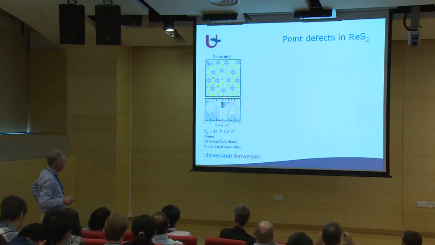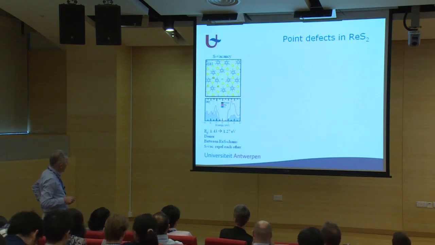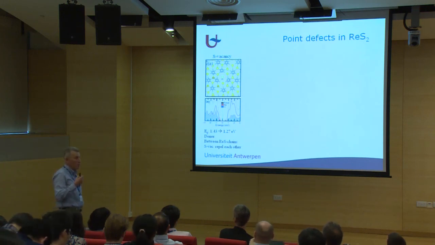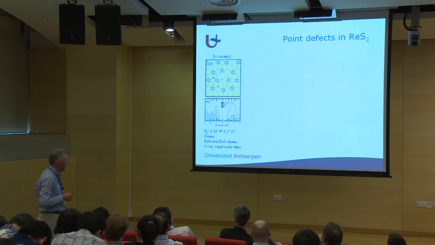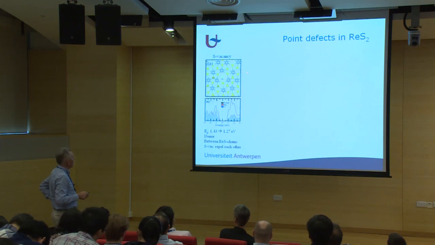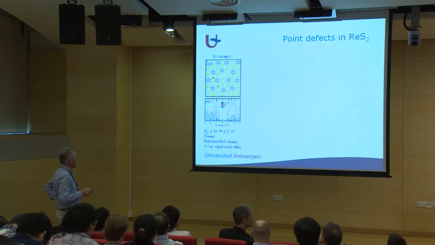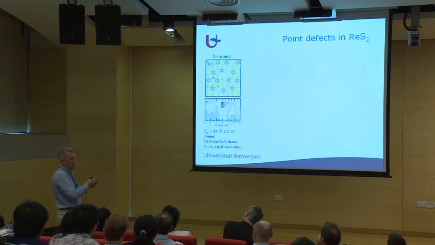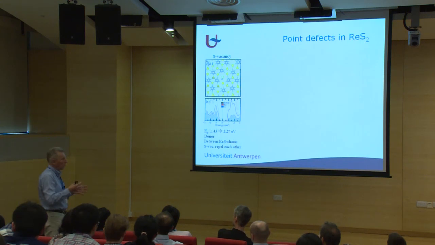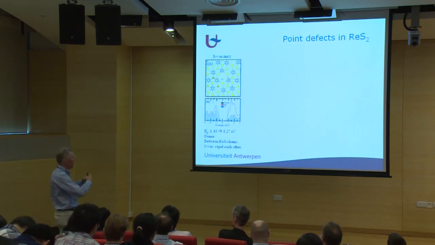If you put a vacancy here, the band gap decreases. And what's happening is that you get extra density of states at the top of the valence band, so it means that such a sulfur vacancy acts like a donor. Also, when you put more sulfur vacancies, they do not stick together. Like, for example, in graphene, you tend to form complexes. Here, they repel each other.